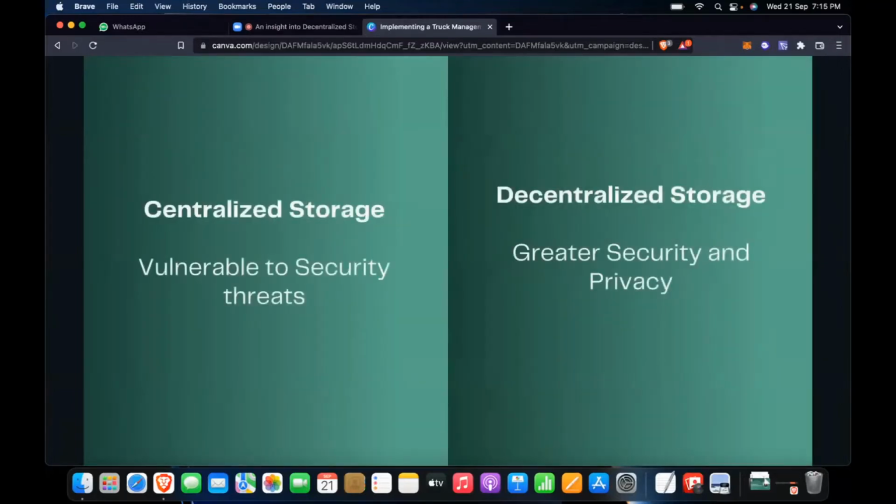Central server is vulnerable to security threats. The reason, we have already discussed, is that it's being stored at a single point. So a single point is responsible for all the security vulnerability which we have.